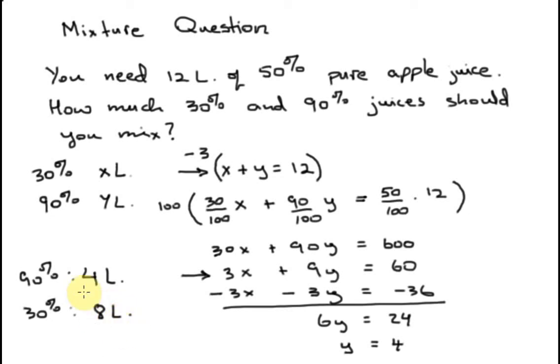So there's my answer right over here. So now I know exactly how much to mix to end up with 12 liters that's exactly 50% pure.